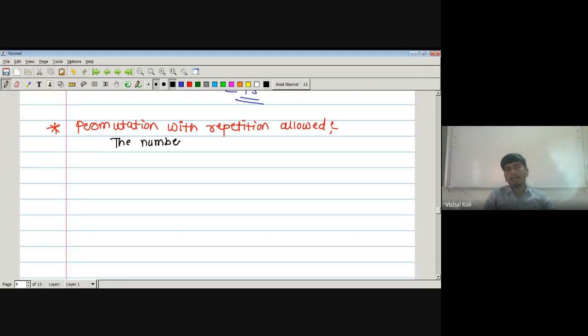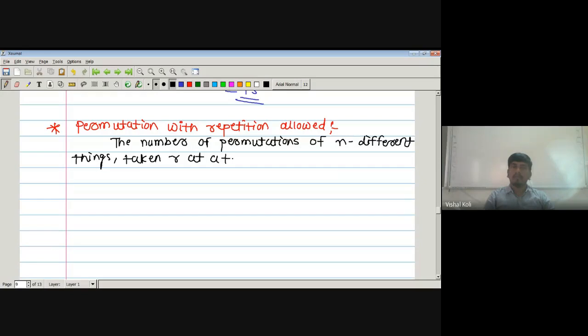The number of permutations of n different things taken r at a time, when repetition is allowed, is n to the power r.